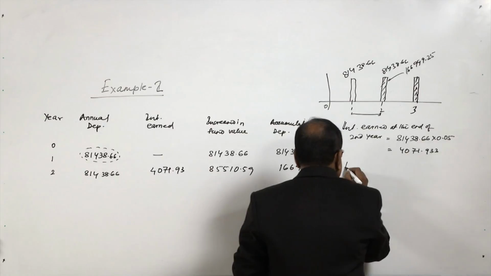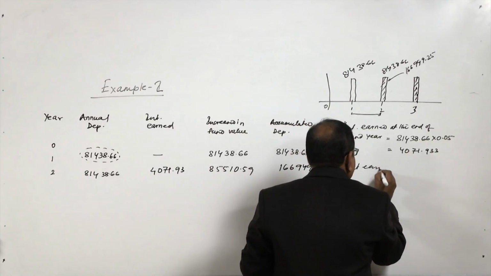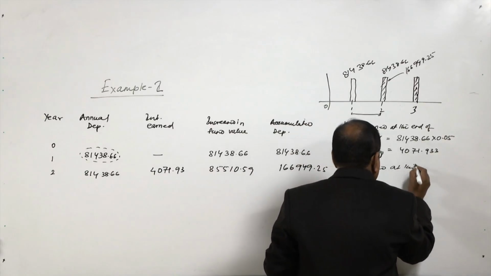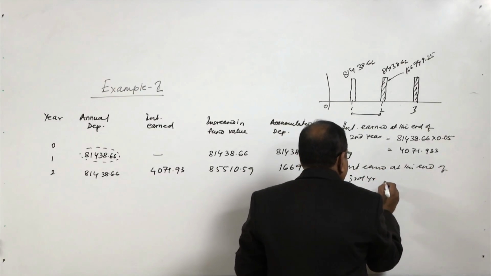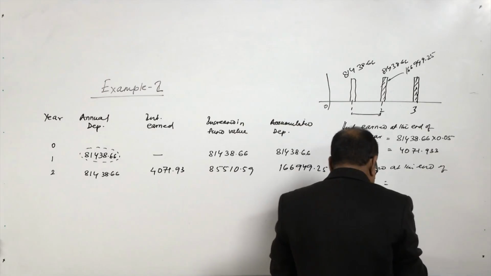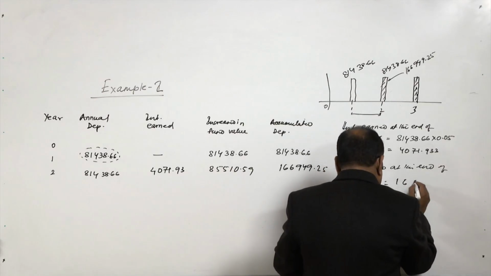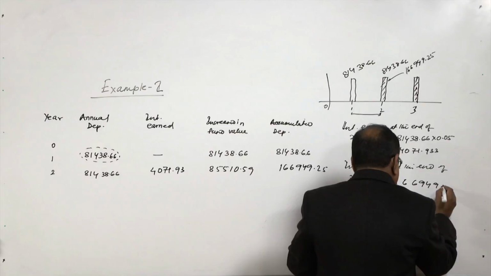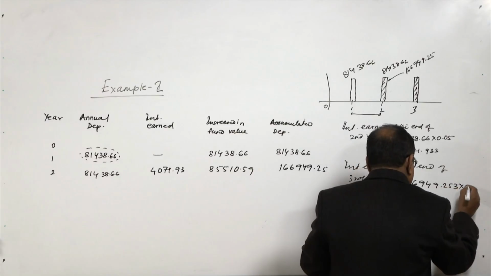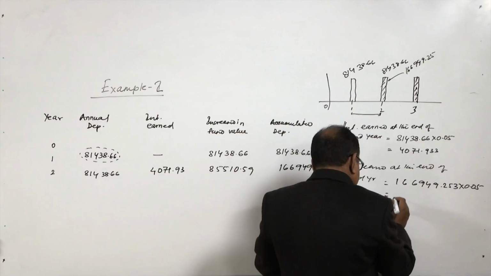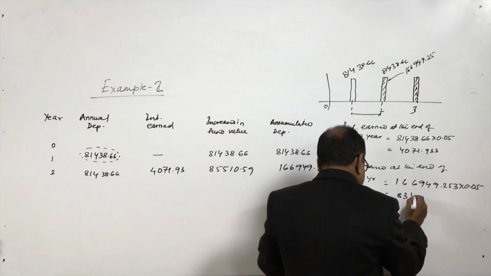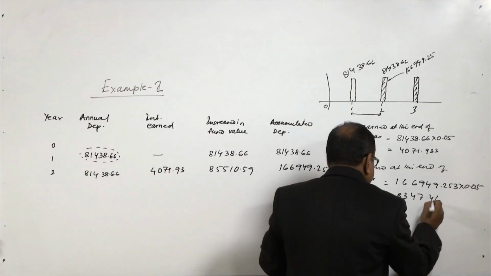So, interest earned at the end of third year is equal to 166949.253 into 0.05, that comes out to be 8347.46.